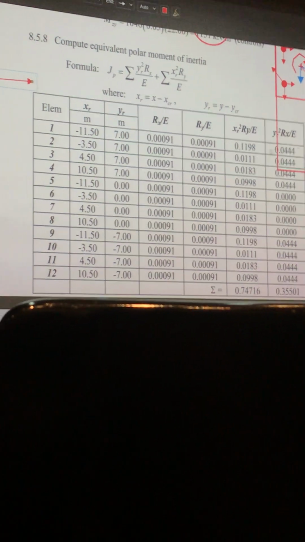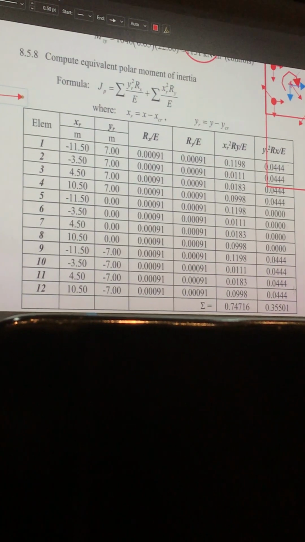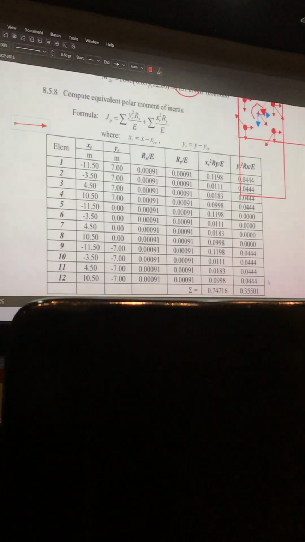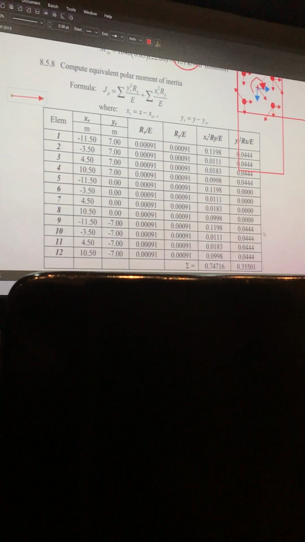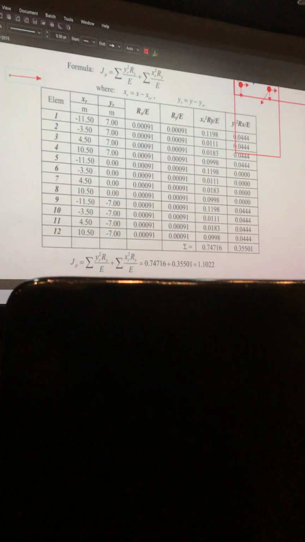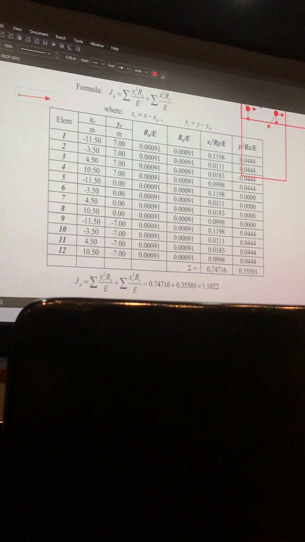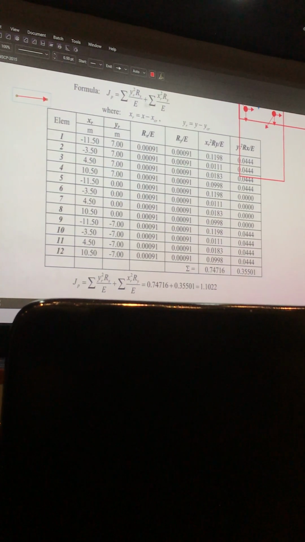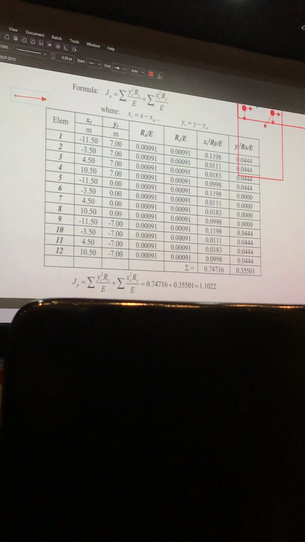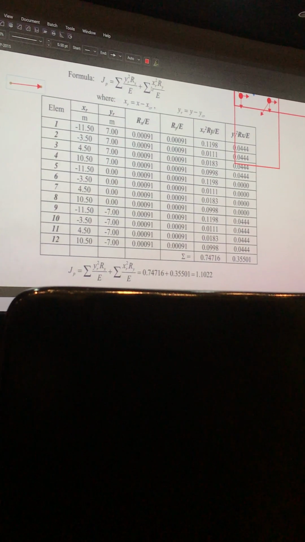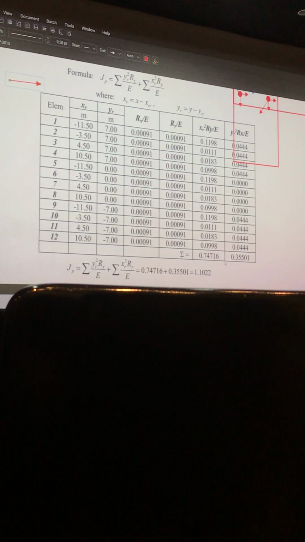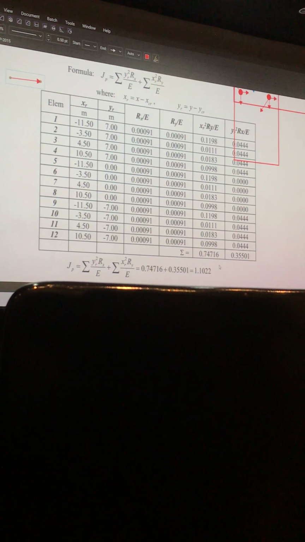So, mao ni masugod ang formula niya, pirahon mo na dire sa Excel, pag-abot ni buhi, no? You release the handle, and you get all these numbers, then you take the sum, no? So, mao ni karon ang summation. So, based on the formula, i-add na nimo duha, then you get your equivalent polar moment of inertia.